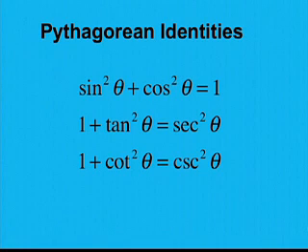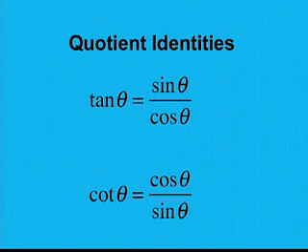And we have 1 plus cotangent squared theta is equal to cosecant squared theta. For the quotient identities, tan theta is equal to sine theta over cosine theta, and cotangent theta is equal to cosine theta over sine theta.